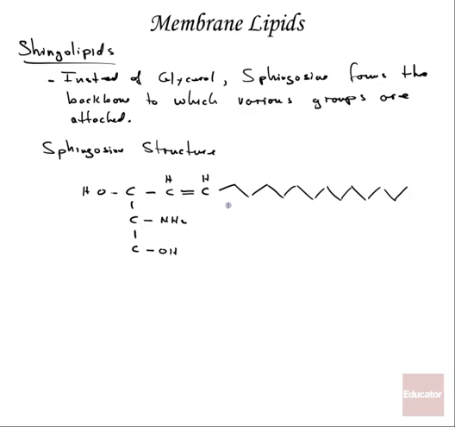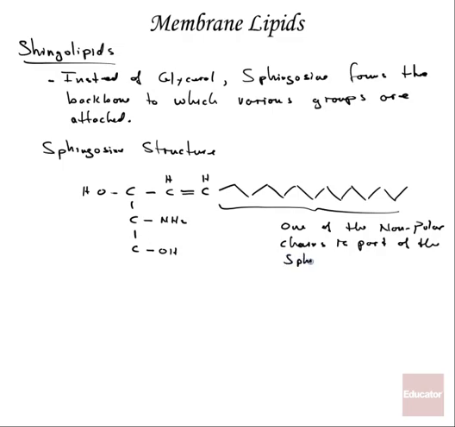Now, what's important to notice is that one of the nonpolar chains is part of the sphingosine itself. So in some sense, it's kind of like the glycerol. I mean, you have the OH and you have the OH, but it isn't the OH that's attached.